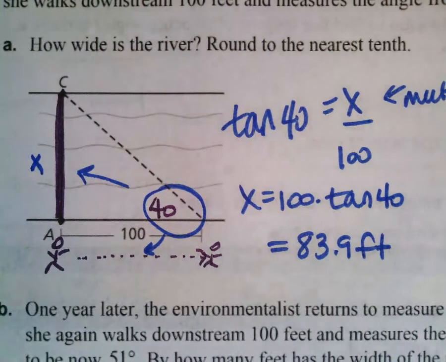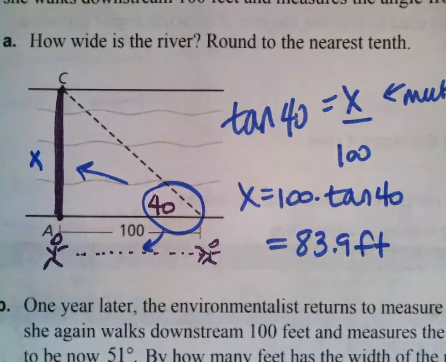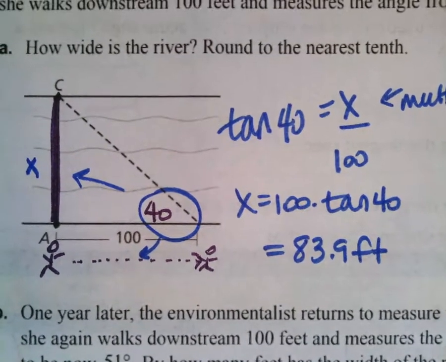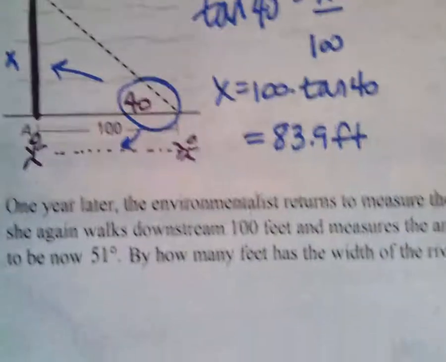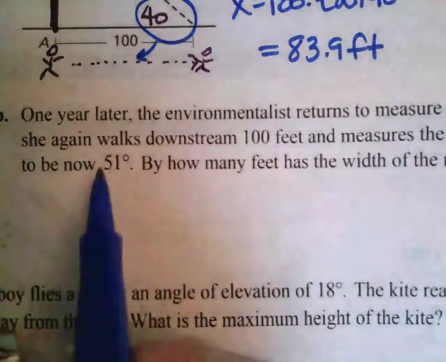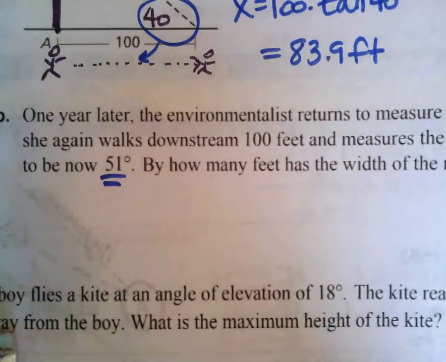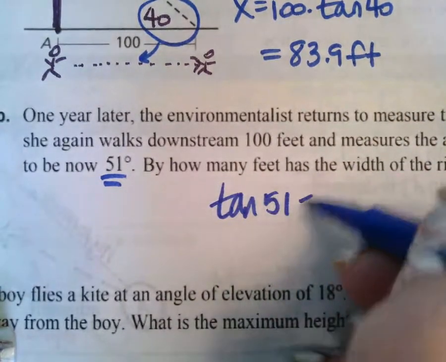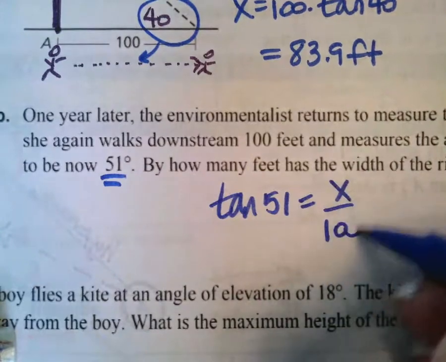Now here's where we get concerned. Because a year later, she goes and does the same exact thing in the same exact points. But this time, it's 51 degrees. So instead of tangent 40, we're looking at tangent 51. So tangent 51 is equal to X over 100.